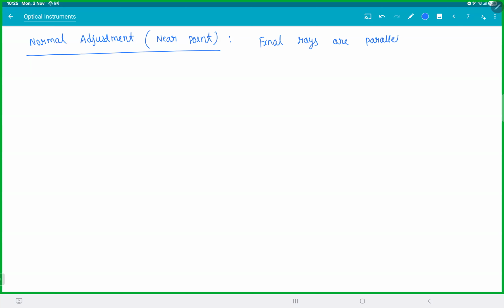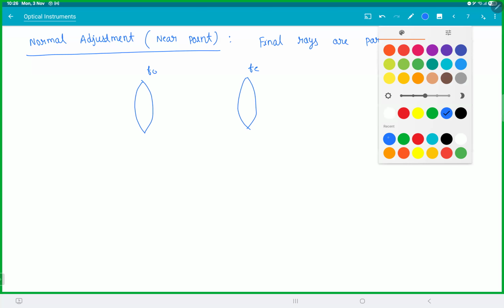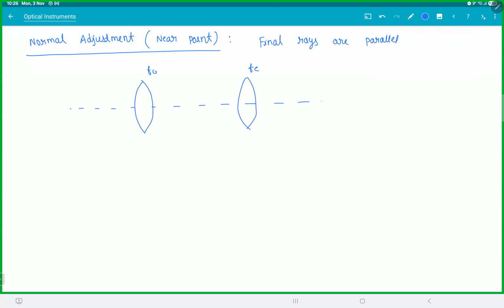From there, if you go behind, this is the object, this is the image.